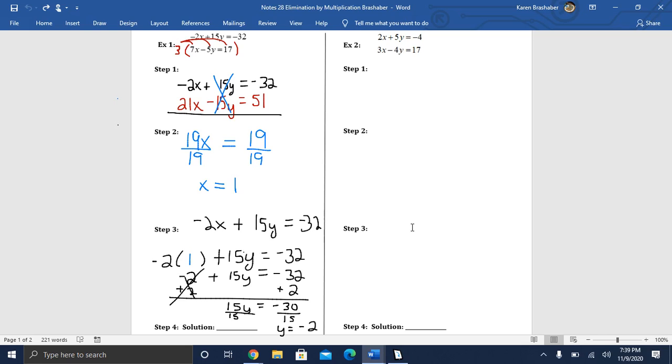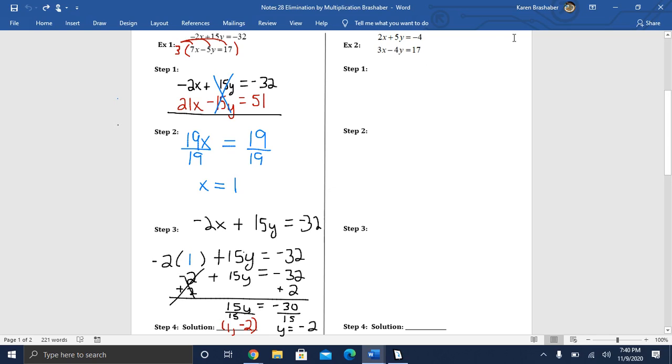Remember that your answer should be written as an ordered pair. So we'll put the x value first, 1, and the y value, negative 2. Remember that you can always check your solution by substituting into the original problem, or you can graph your two equations, and these two equations would intersect at the ordered pair 1, negative 2.